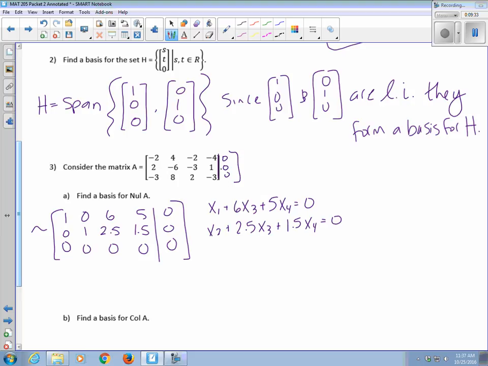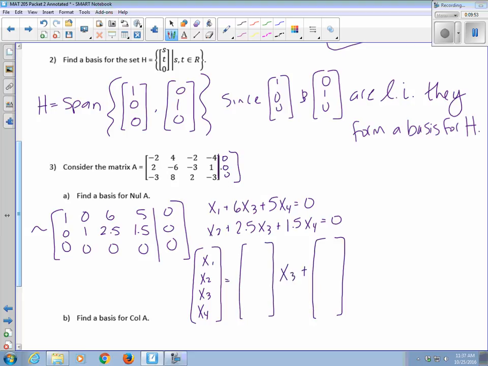So if I want to write this in parametric vector form, x1, x2, x3, x4 equals, so x3 and x4 are both free, so I'm going to have them as two parameters. And then I just have to figure out what goes in these two vectors.